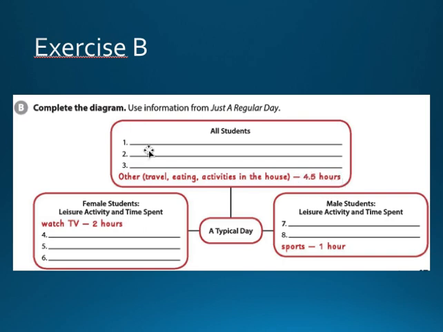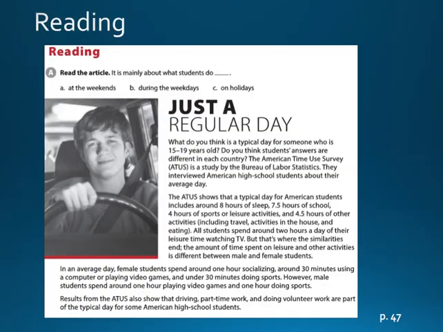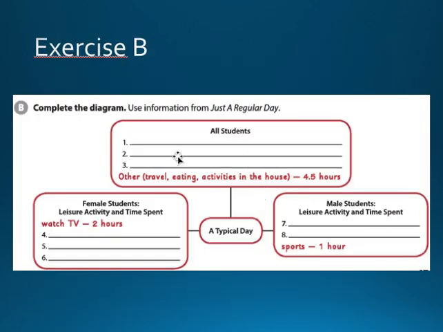So what we need to do is go back to the reading and check. For example, here we have the answers. All students spend around 2 hours of leisure time watching TV. So once you identify the words in red, you will be able to add the activities that they do.